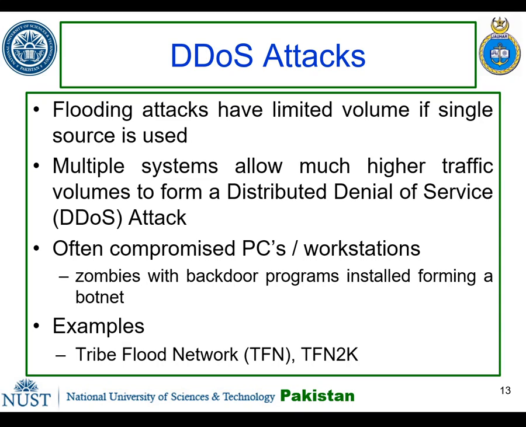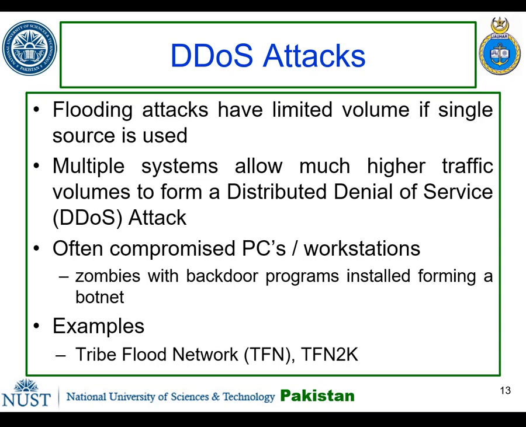One of the earliest and best known DDoS tools is Tribe Flood Network, abbreviated as TFN, written by the hacker known as Mixter. The original variant from the 1990s exploited Sun Solaris systems.